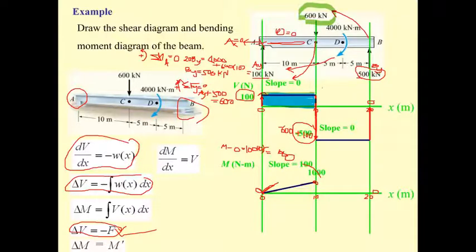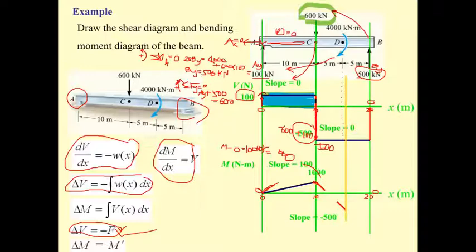And then we move to the region of CD. Okay, we move to the region of CD. Again, now we have what? We have the shear of minus 500. So dM by dx equals V. So the slope here is changed from plus 100 to minus 500.